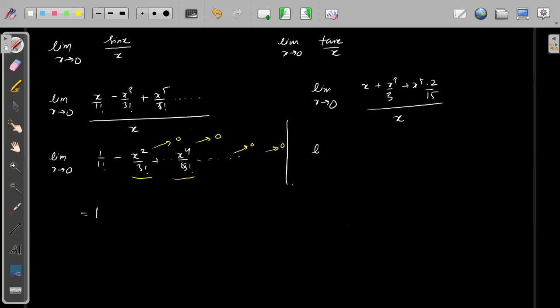If you write this, again this will become limit of x tending to 0, 1 plus x square by 3 plus x to the power 4 into 2 by 15, and so on. The remaining terms will be x power 4 or more, right? Now, if x is tending to 0, this will all become equal to 1. Approximate value will be equal to 1.